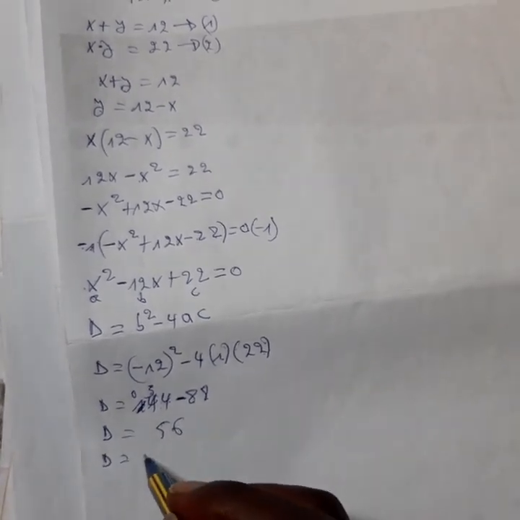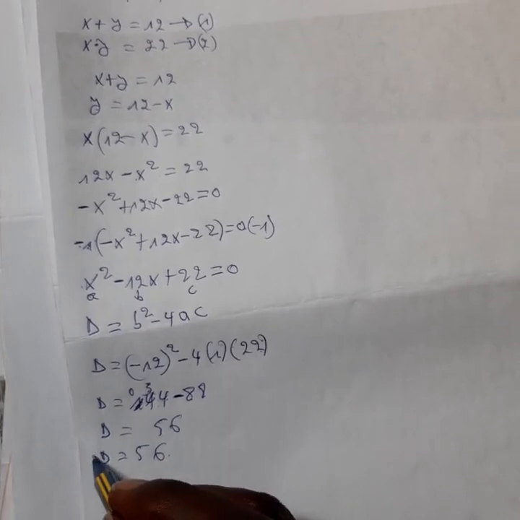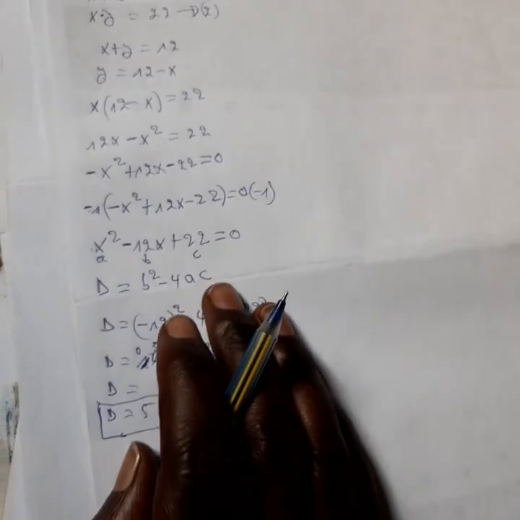So d is equal to 56. That is the value of d for this equation.